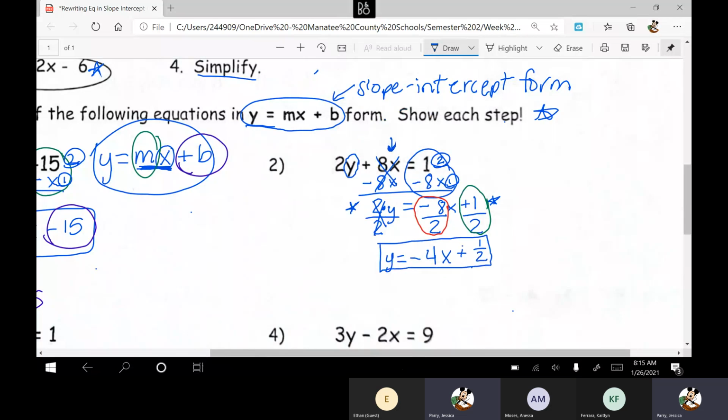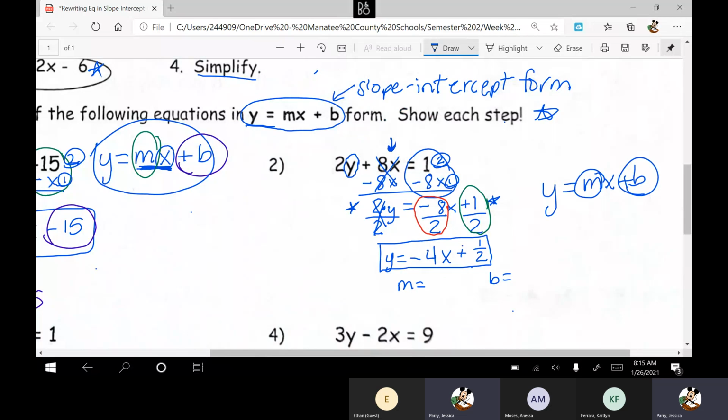Okay, so now it's in slope-intercept form because we have the y equals. We've got an x on the other side, and then our plus or minus our b. Let's write out our m equals and b equals. Remember, we're looking at y equals mx plus b. What is in the same spot as m? What's the number in front of x for number 2?